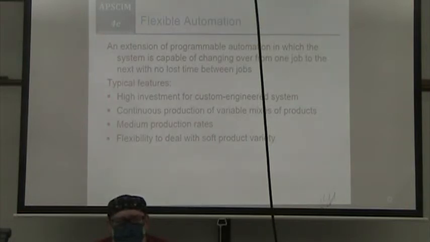All right, flexible automation. They're thinking of this in terms of being an extension of the programmable automation, so that the machines are able to change from one job to the next and do that kind of mixed model production.